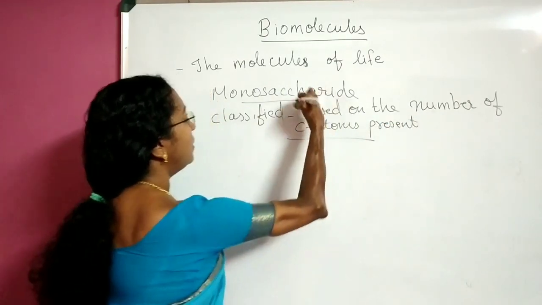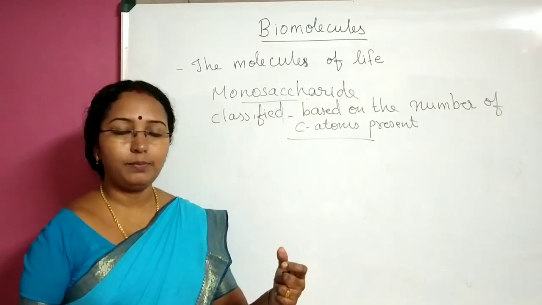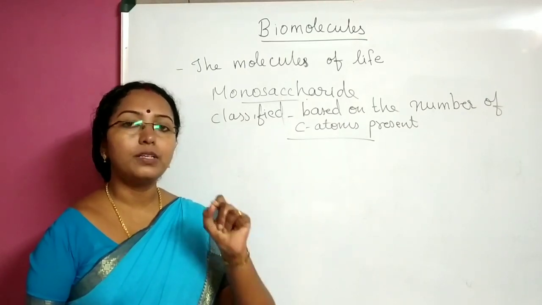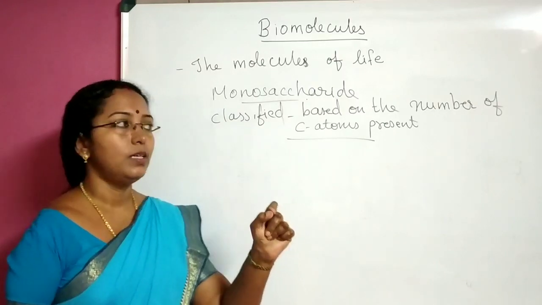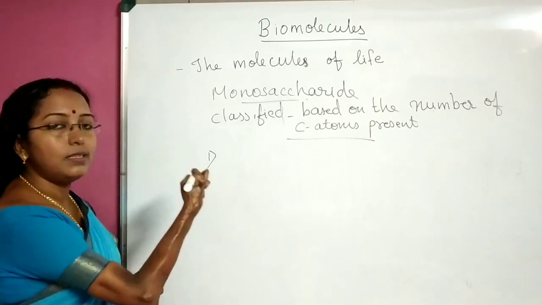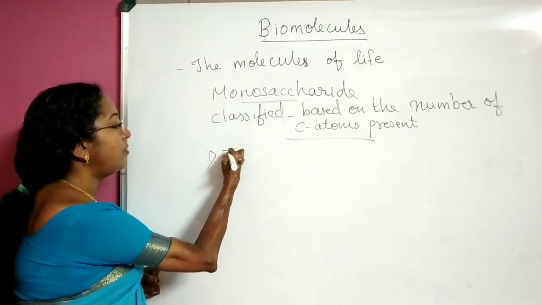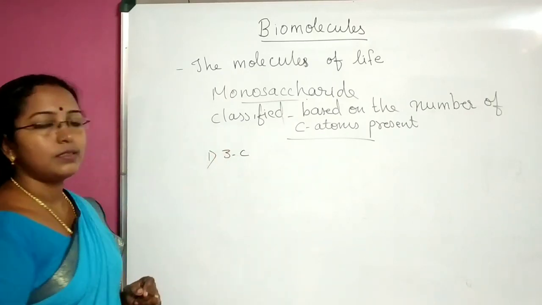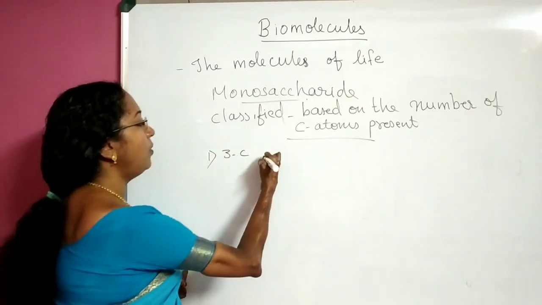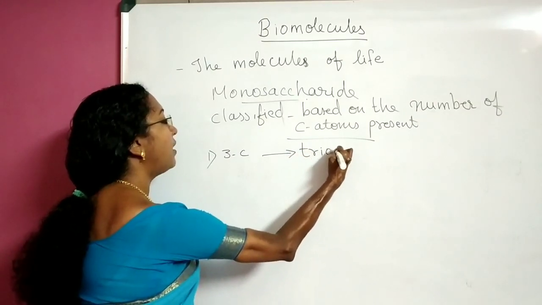So we are going to deal with the classification of monosaccharides. Simple sugars are classified based on the number of carbon atoms present in them. So the simplest monosaccharide is a sugar molecule having 3 carbon atoms. A sugar molecule having 3 carbon atoms is called by the name triose.